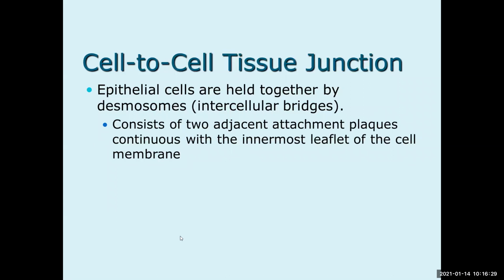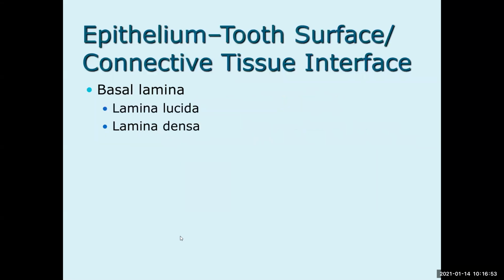Then we've got these cell-to-cell intercellular bridges, okay, where the epithelial cells are held together by desmosomes. They can be very tight or they can be loose. They consist of two adjacent attachment plaques, two pieces that are continuous with the innermost leaflet of the cell membrane. So with this, you've got a top portion and a bottom portion, even though it's the basal layer.